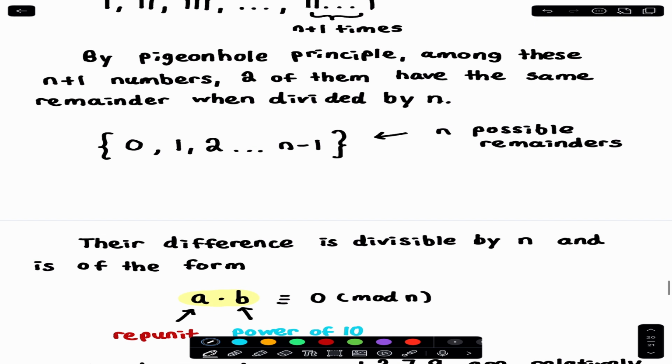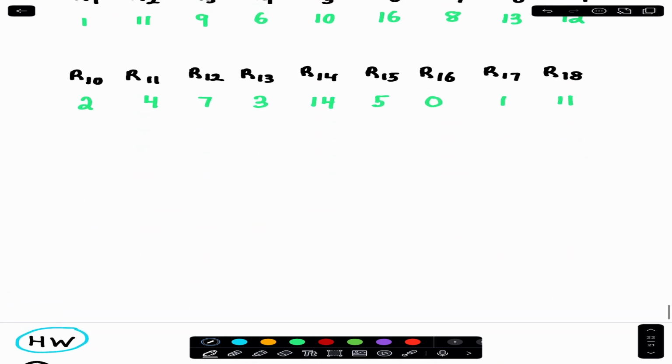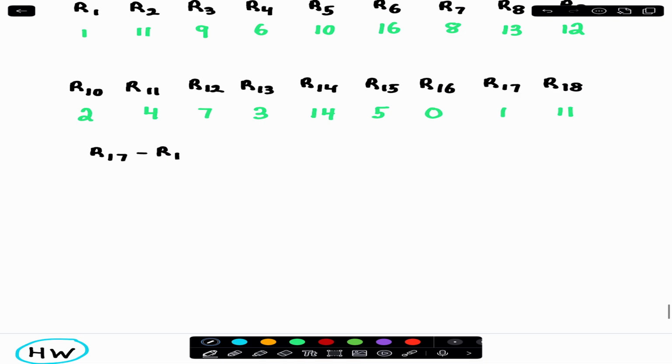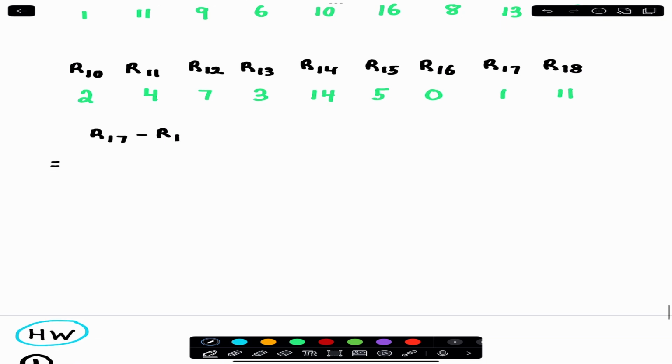So let's take a look. We need to take a look at their difference. And in this case I do have to write out this rep unit 17 times just to show you how it looks.